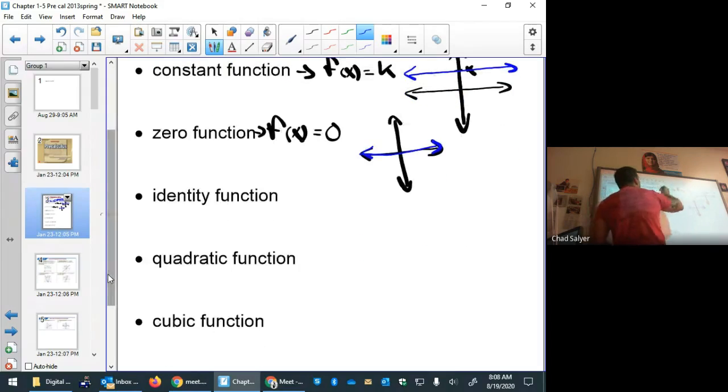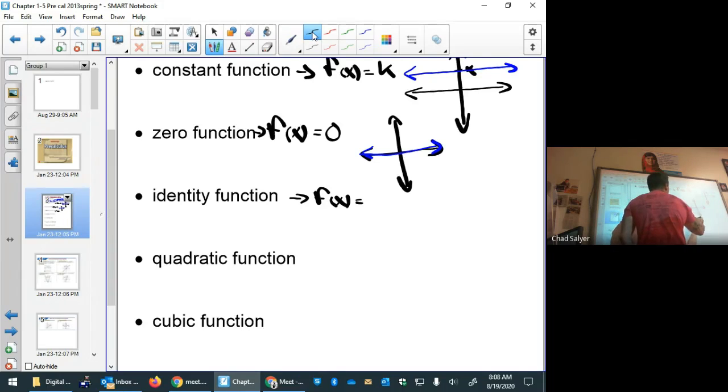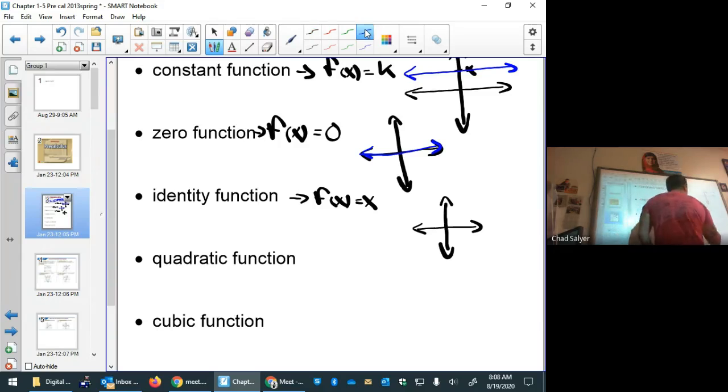The identity function, so that's going to be f of x equals x. So this takes the input and just gives you the same thing as the output. It's going to look like this.